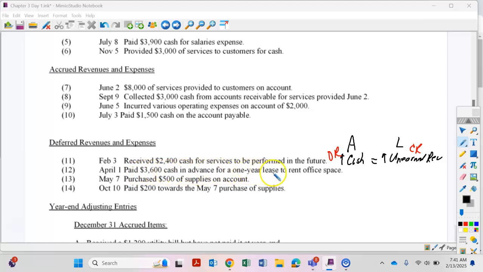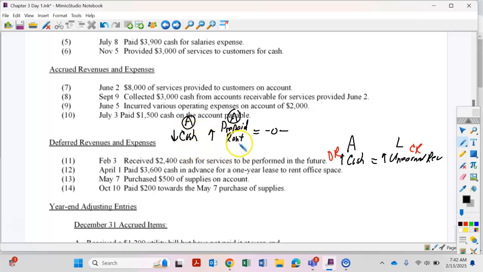Number 12, pay cash in advance for a 1-year lease to rent office space. So cash would have been paid. That's going down. And for a 1-year lease, if we haven't used something, that's an asset. So prepaid rent is the name of that account. And both of those are assets. And nothing happened on the other side of the accounting equation.